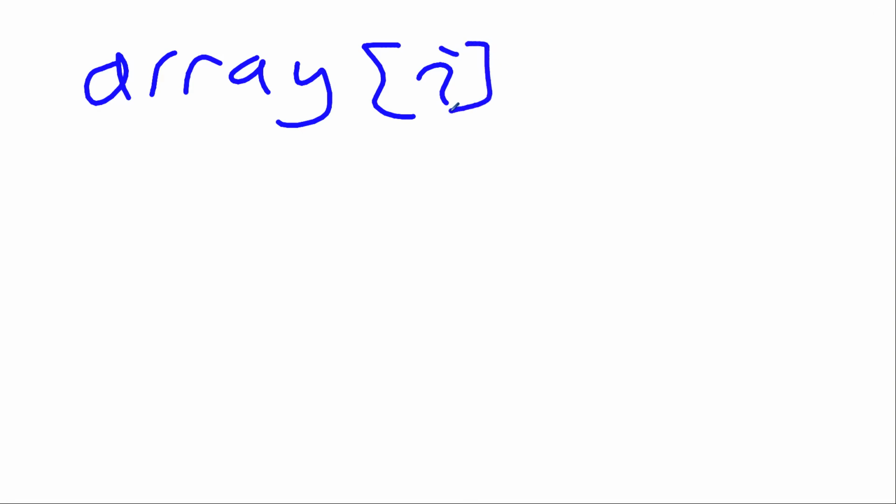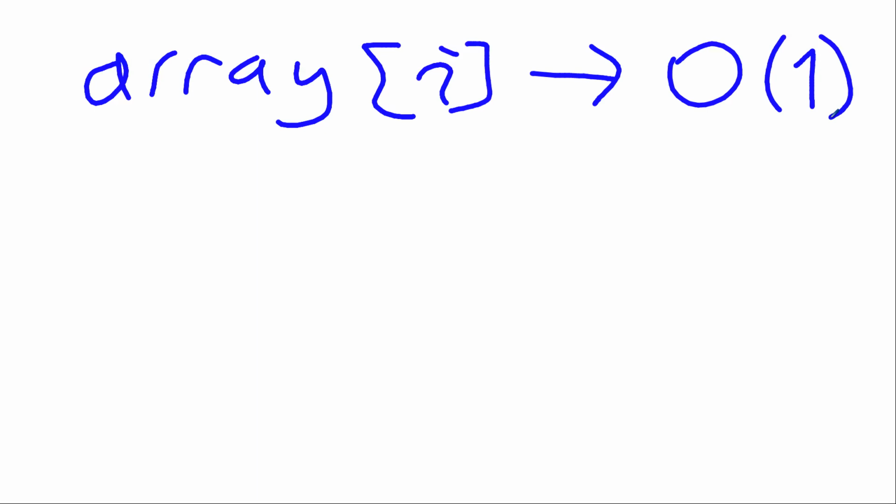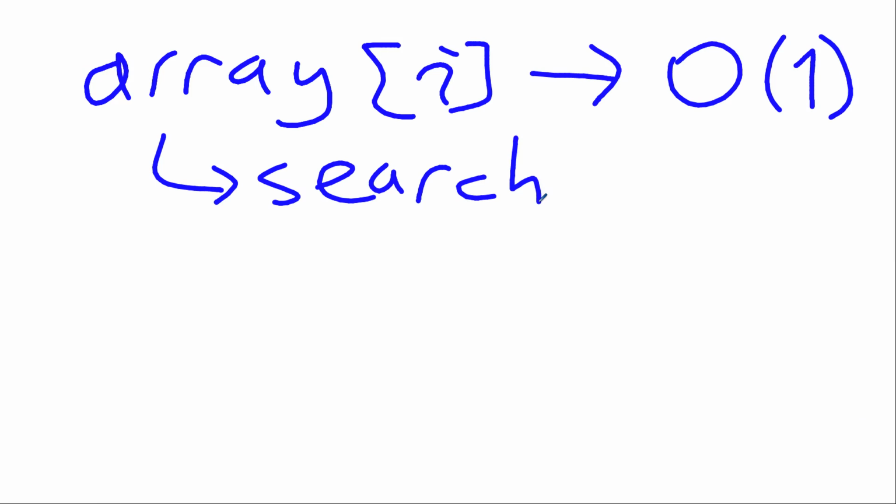Alright, so when you have an array and you can address any item in an array, then finding an element in an array is just O(1). That's because if you know where the element is, it's easy to find it. Now if you're searching in the array, you have to go through one by one. How much time does that take?